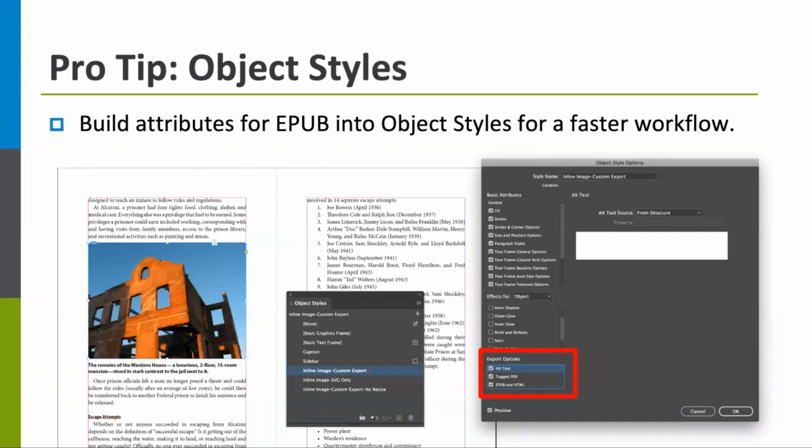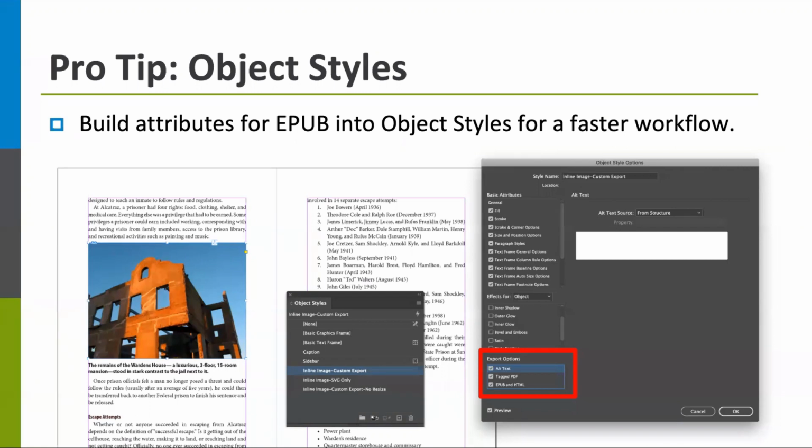So if you know that your XMP description of that image is written in there, that means if you apply this style with alt text turned on and to default to that description, every unique description will be applied to every object you use this object style on throughout your document. And that can be really fast, but you have to have somebody who likes doing metadata and can write it to proper accessibility standards in all of your images.